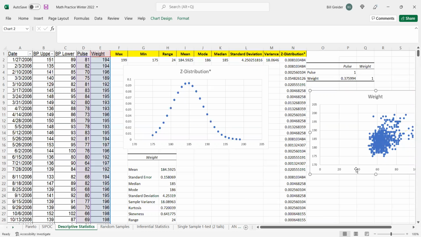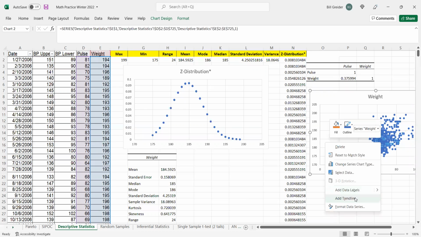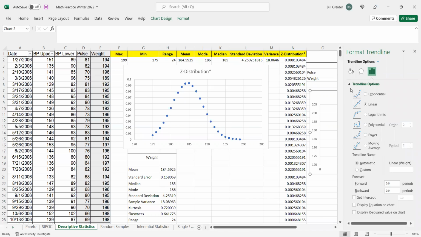Once I have my data all in a blob, I just right click, add trend line, and then this pops up. There's a bunch of things I can do. I want to display the equation, so I click this box, and display R squared.